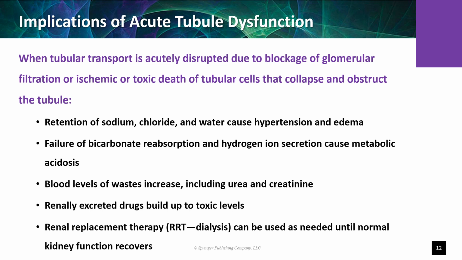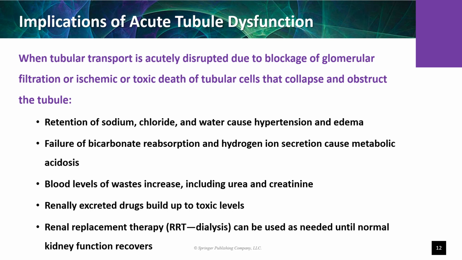With acute tubule dysfunction, there will be retention of sodium chloride and water. There will be a failure of the bicarbonate reabsorption and hydrogen ion secretion. The blood levels of waste products will increase.